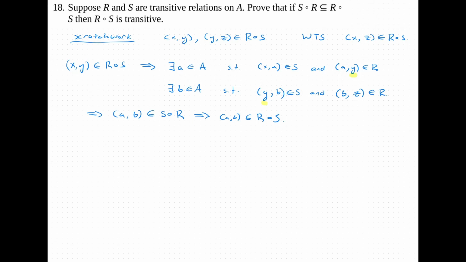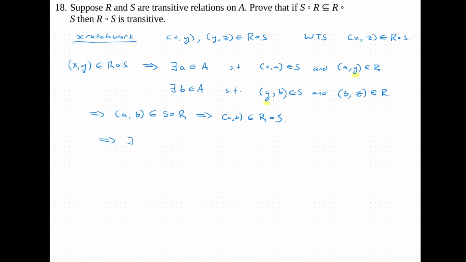So what if we were to apply the definition of composition once more to (a, b)? Then we have the existence of some c in A such that (a, c) is in S and (c, b) is in R.